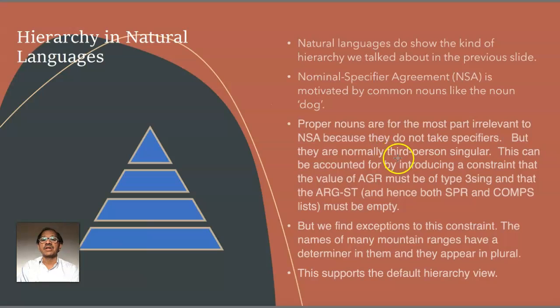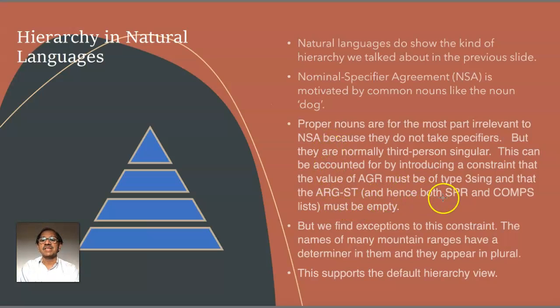We can account for them by introducing a constraint that the value of AGR must be of type 3 singular, or third singular, and the argument structure for proper nouns must be empty. What is the argument structure? Specifier and comps, right? Remember argument structure which we have used, ARG-ST, as a separate feature along with syntax and semantics, right?